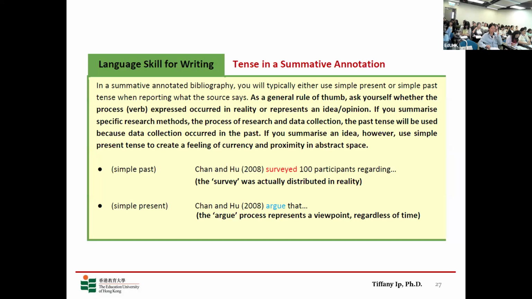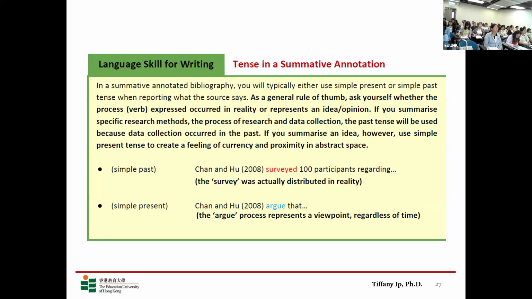Then it is okay. But then if you use past tense, then you are just highlighting, maybe a certain methodology, right? Then almost definitely you would use past tense. They collected data, they recruited participants, then always past tense. So that is why past tense, I would say, is the safest, right? And use it consistently.